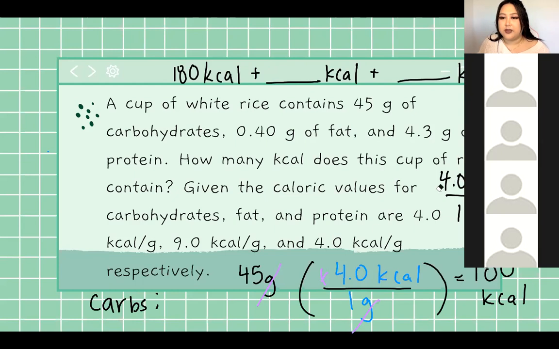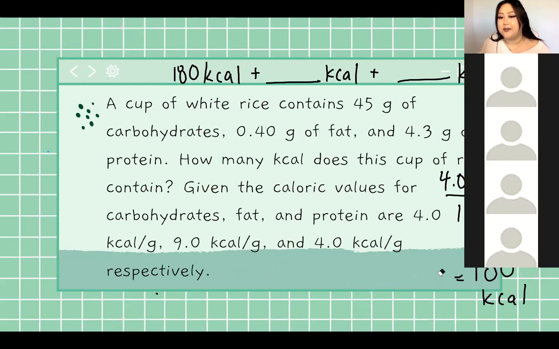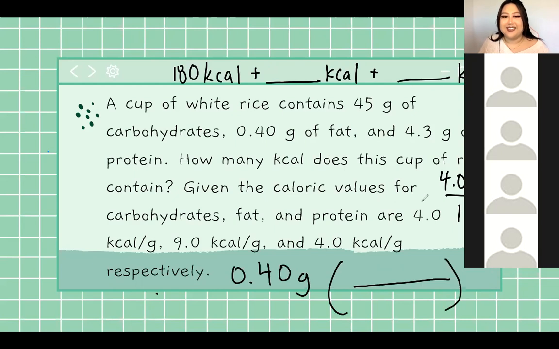Okay, so I'm going to go ahead and erase the one for carbs, and we're just going to do the exact same thing for fat and protein. So for fat, it would be 0.40 grams. My bad. The grams do go on the bottom, 9.0 kcal on the top.